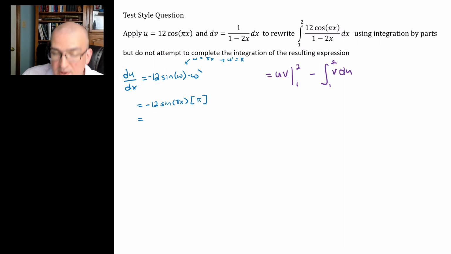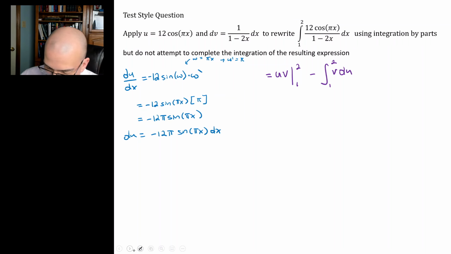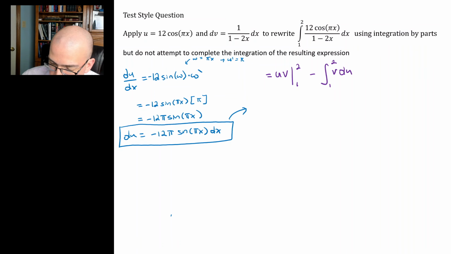And we should put that π with the negative 12. So negative 12π sine of πx. So that means du is equal to that times dx. Plug that in for the du term.